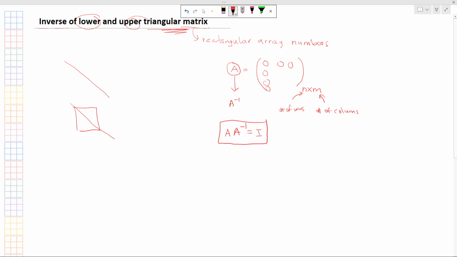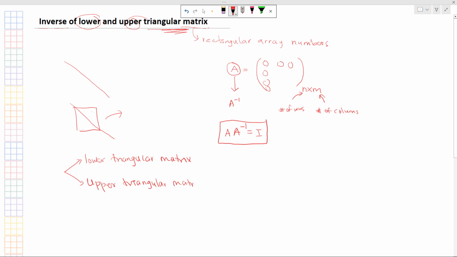In such a scenario, we call those matrices triangular matrices. We have two types of triangular matrices. The first one is the lower triangular matrix, and we have the upper triangular matrix.